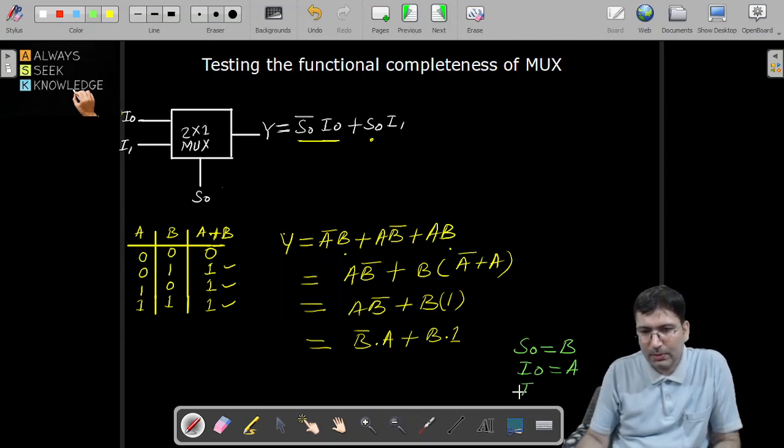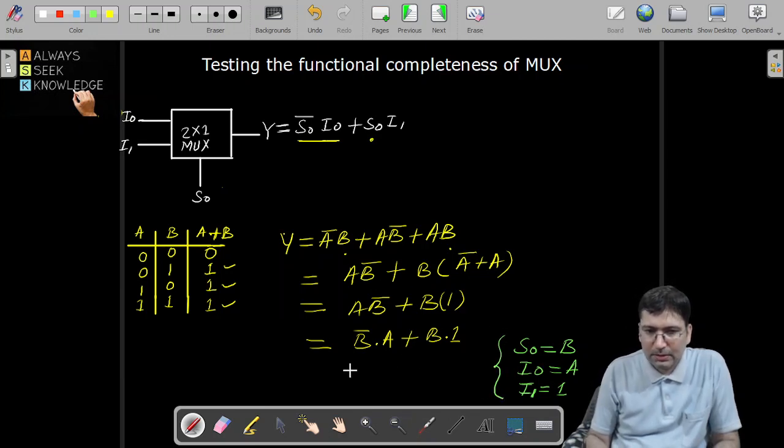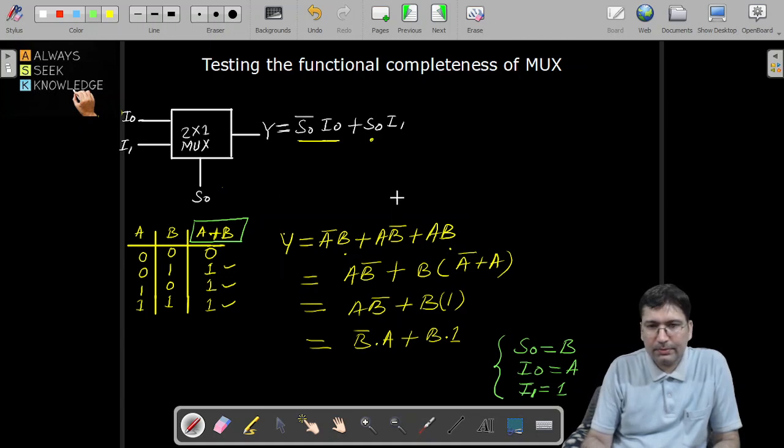So instead of I1, we are passing 1. With this, it will realize or behave like A plus B. I hope you are getting it, because this Boolean function is representing A or B, right? So we can conclude that this mux is functionally complete.